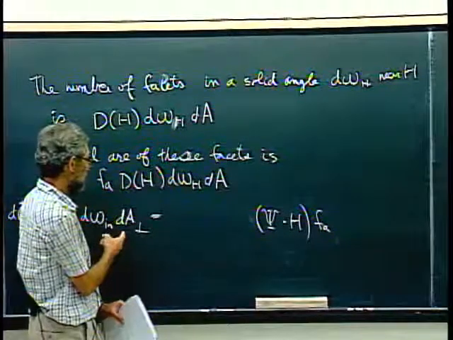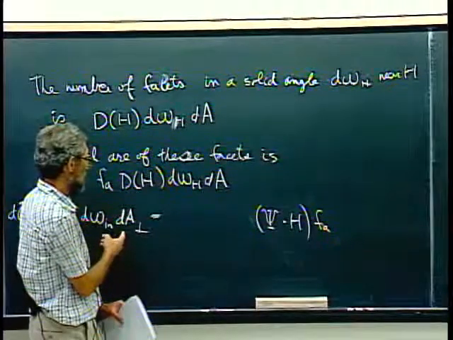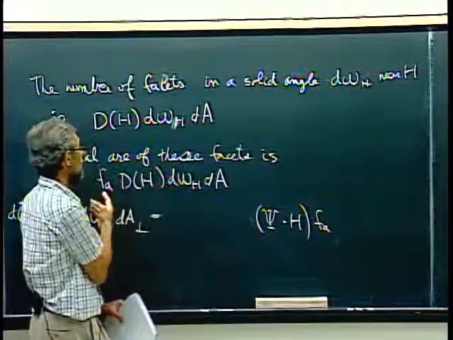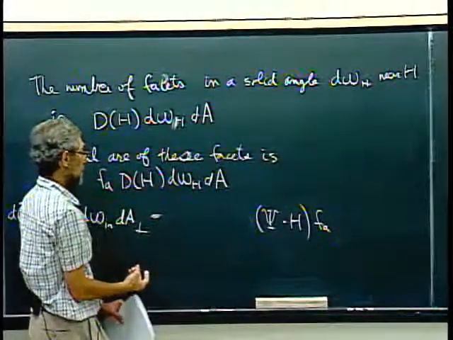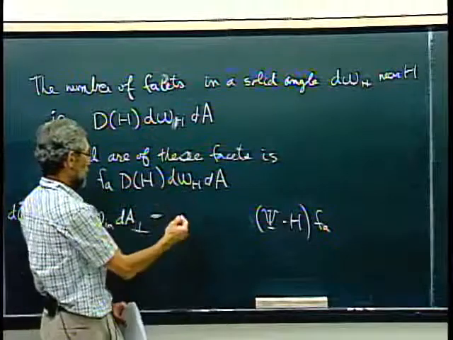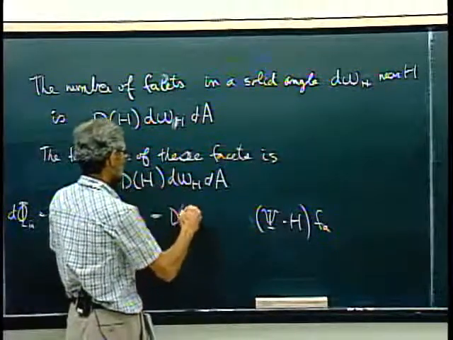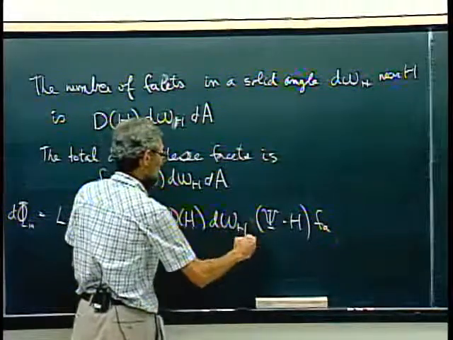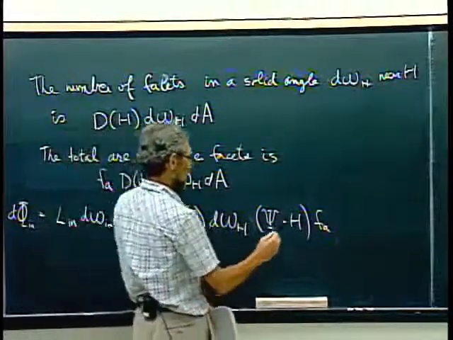So I guess if we multiply it by the total count of the facets with this area, we'll have d omega h, and then dA here.